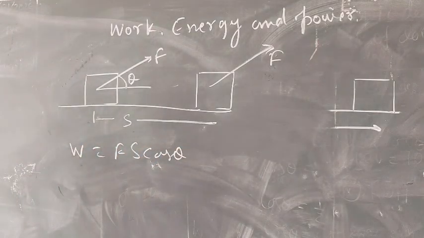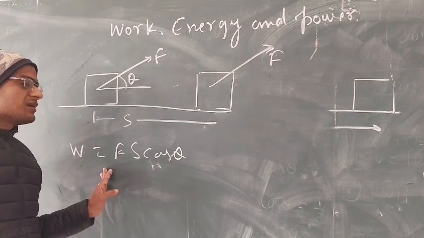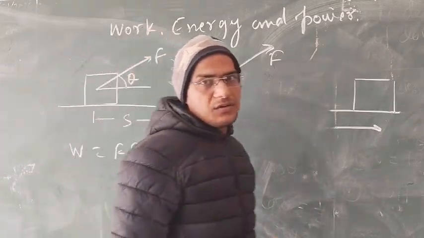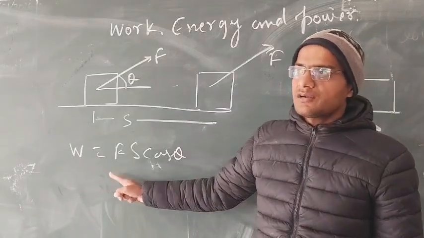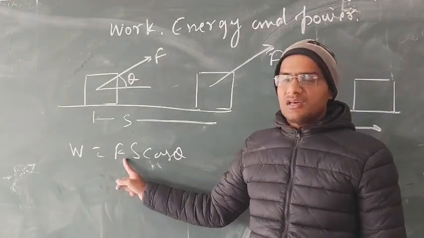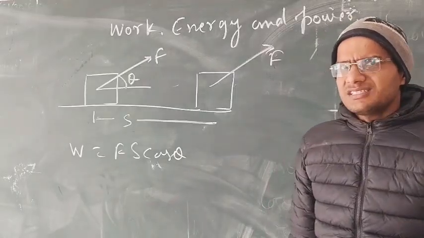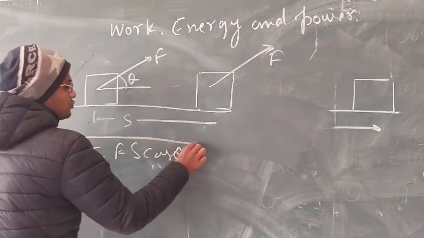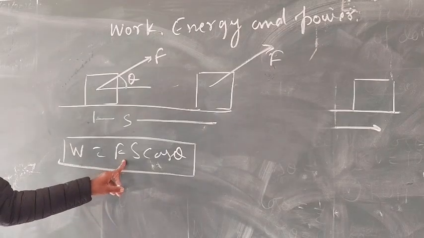This is the general formula for calculating work done by a force, where F is the applied force, S is the displacement, and theta is the angle between force and displacement.